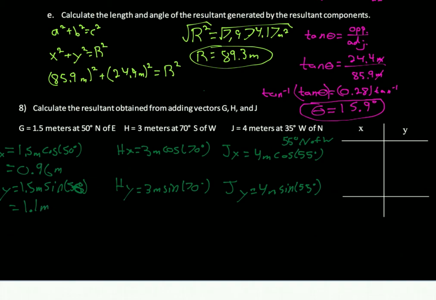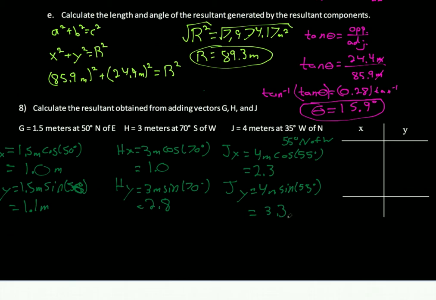And going by that rule, the first one would round up to 1.0. 3 cosine of 70 is 1.0 if I round. 3 sine of 70 is 2.8. 4 cosine of 55 is 2.3. And 4 sine of 55 is 3.3.